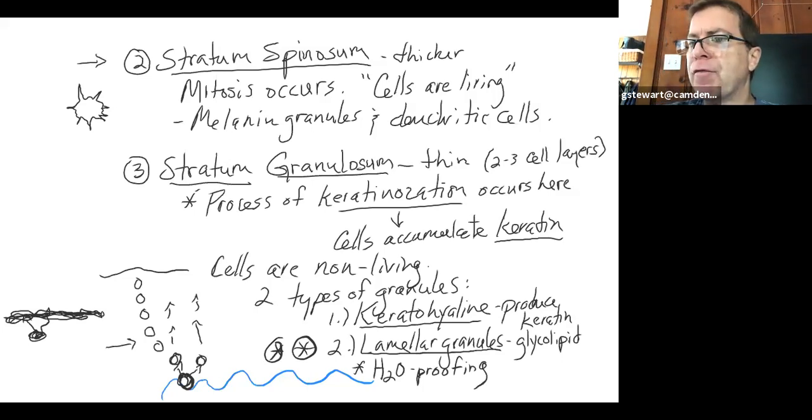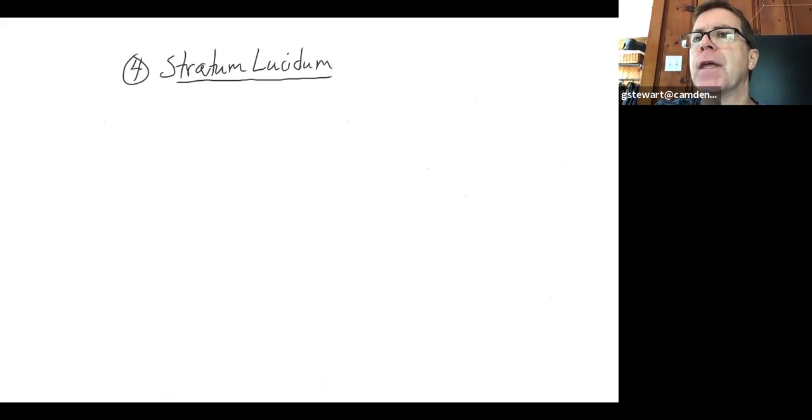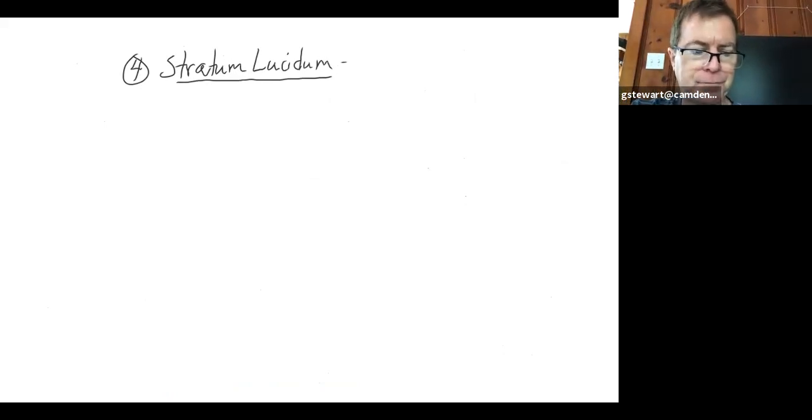All right, layer number 4, as we move to the top, is called the stratum lucidum. That's supposed to be L-U-C-I-D-U-M. It's a very thin layer. It's clear, that's where it gets its name. Lucid means clear.